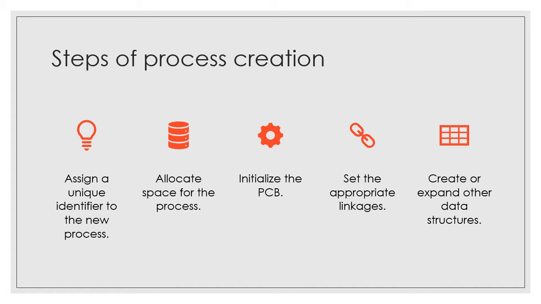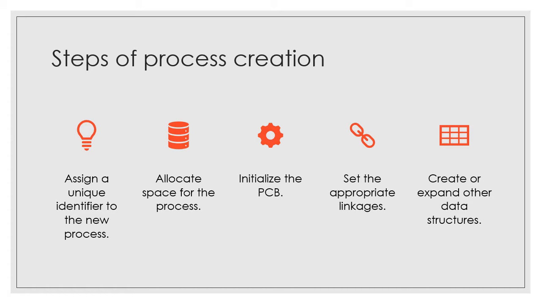Store the process ID, user ID, parent ID. Initialize processor state information. Store its state as ready or ready suspended, give it a priority level. If it inherits some resources from its parent, store their IDs in resource utilization portion. Store pointers to the process pages in memory management portion.